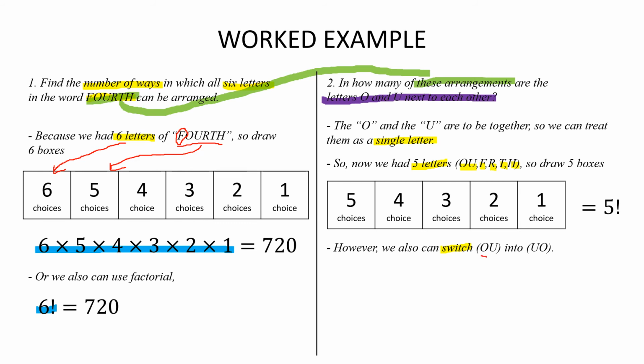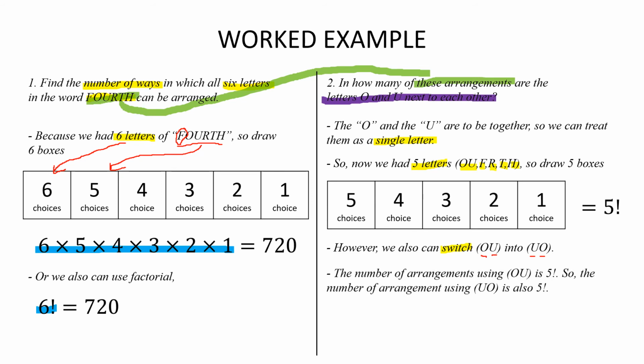O first, then U second, but we can also switch to U first, then O. Which means that for the arrangement using OU, we get 5 factorial.